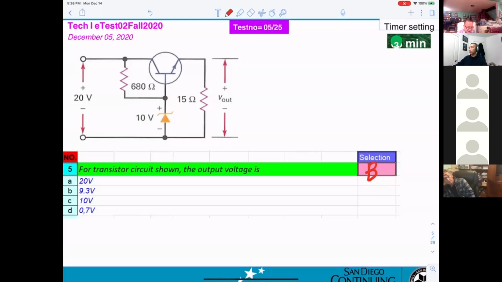You get 20 right here, and there's supposed to be 20 up here, but there isn't, because the Zener breaks down. That's why you get only 10 volt here, and you get 0.7 for the transistor. So just take 10 minus 0.7, you get 9.3. Got it. Thank you. You're welcome.